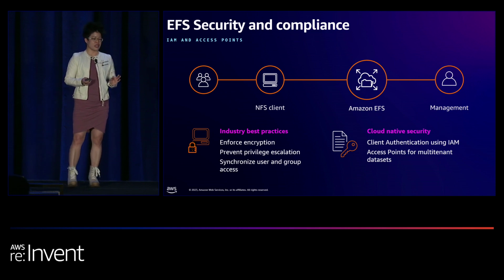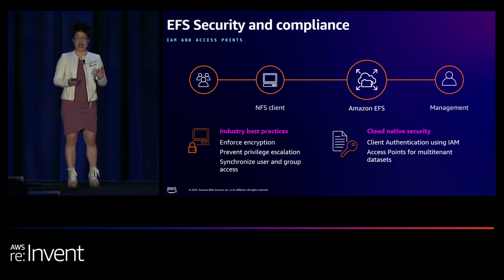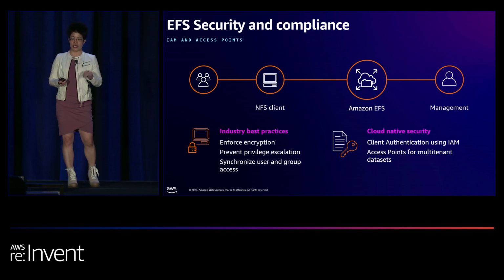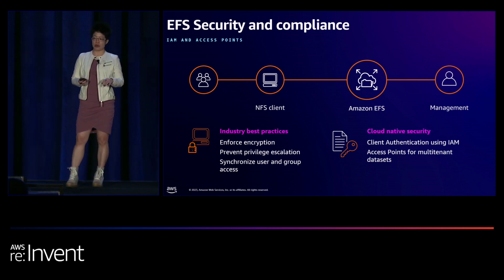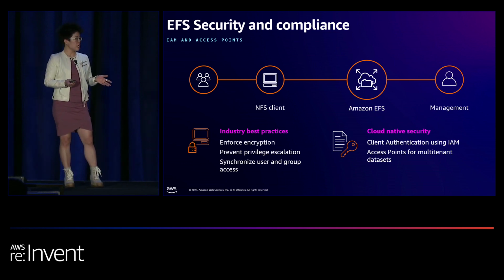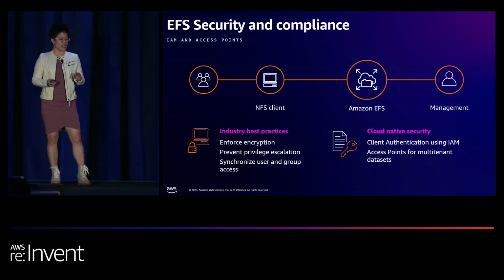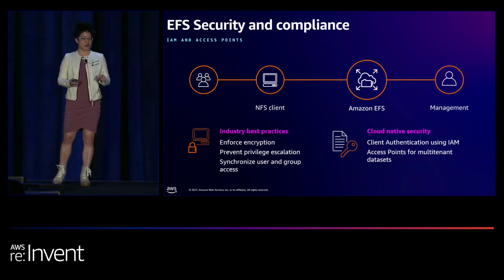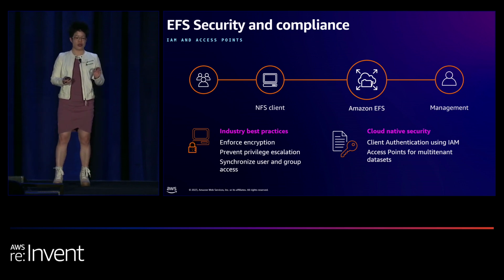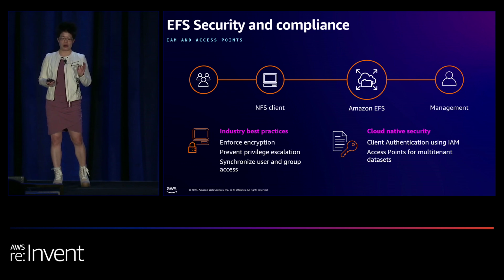EFS is designed to provide secure access for thousands of connections for Elastic Compute Cloud, or EC2, and for AWS container and serverless compute services. It also provides support for on-premises servers using a traditional file permissions model, file locking, and hierarchical directory structure through the NFS v4 protocol.